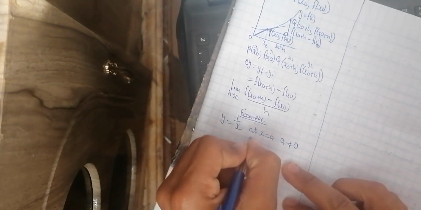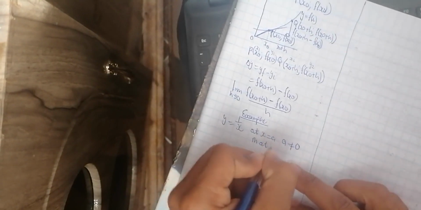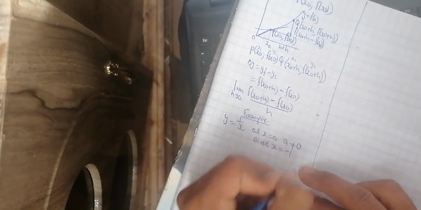What is the slope at the point x equals minus 1? So we want the gradient at x equals minus 1. Find the slope of the curve y equals 1 over x at any point x equals a, where a is not equal to 0. What is the slope at the point x equals minus 1?